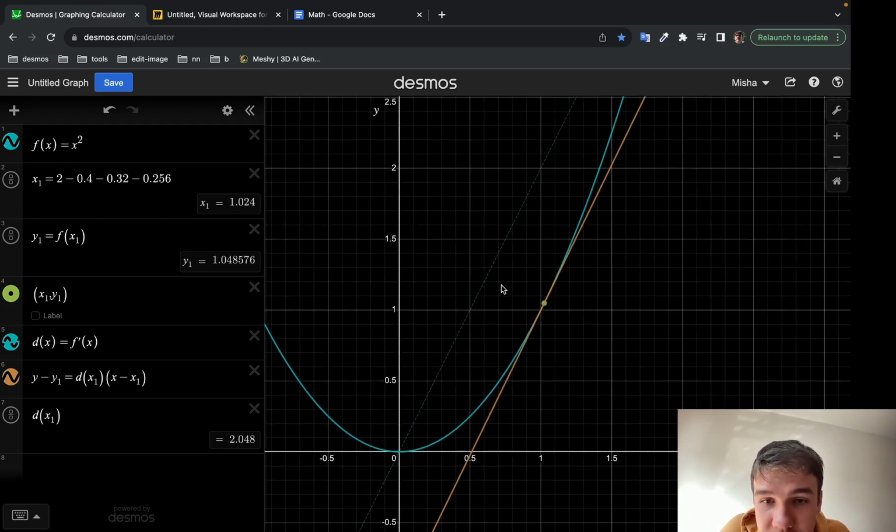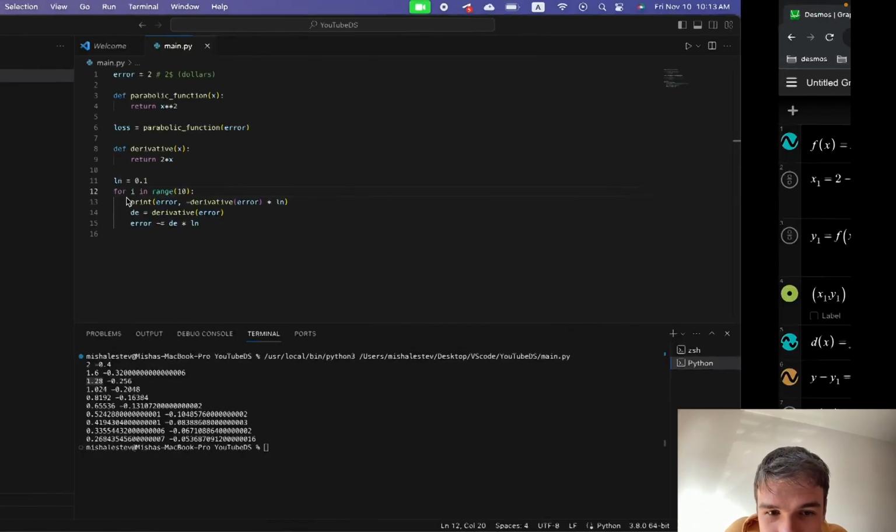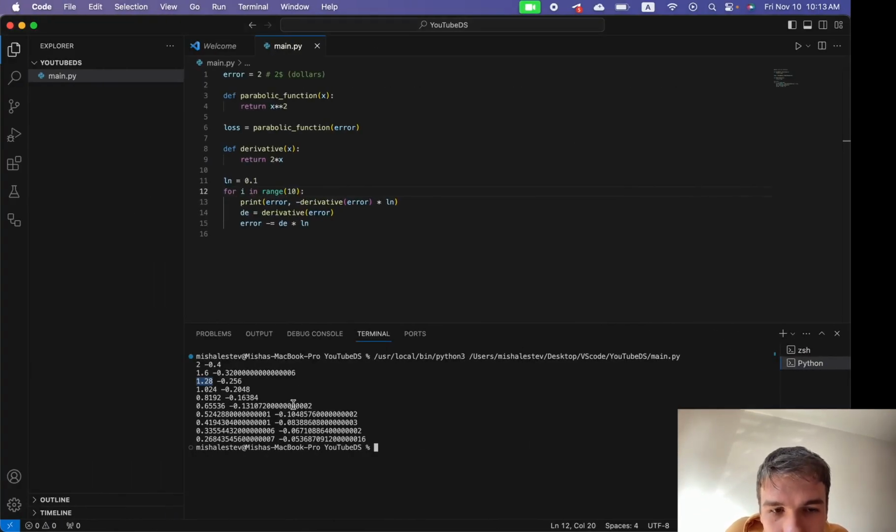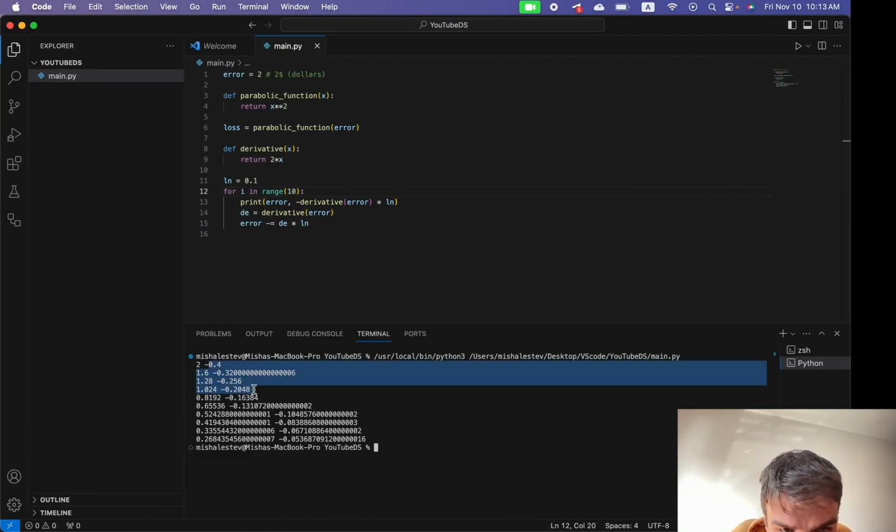So now, knowing that our gradient descent is just simply subtracting the derivative multiplied by the learning rate from our error on our loss function, we're going to implement many more iterations. How much will we get? As you can see, we did just 3 iterations, and on the third iteration we already got 1.024, which is almost 2 times lesser than we were before.